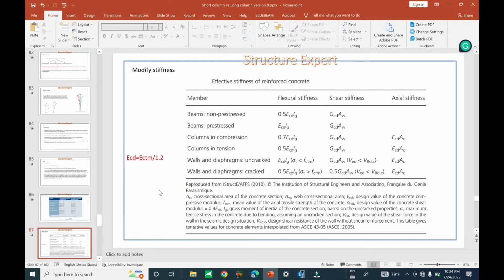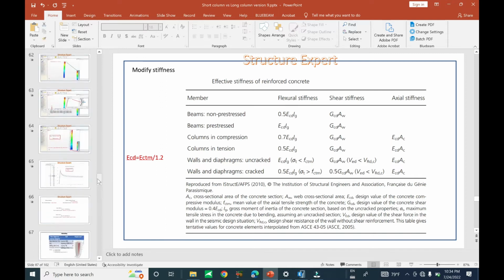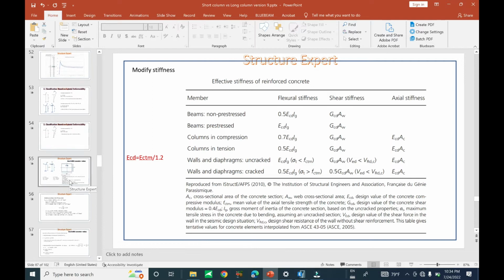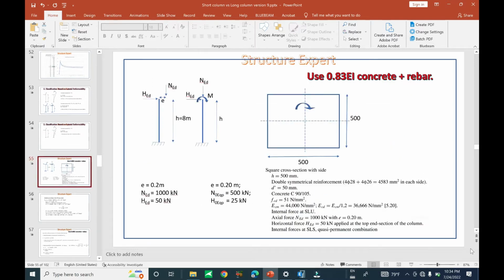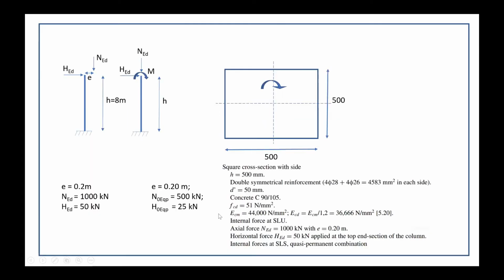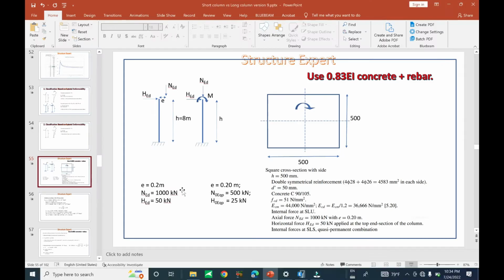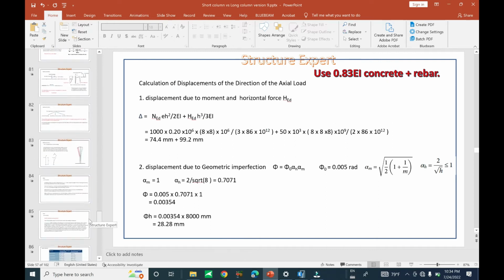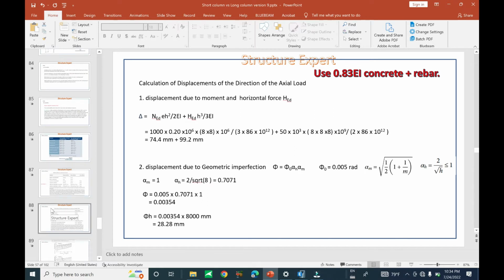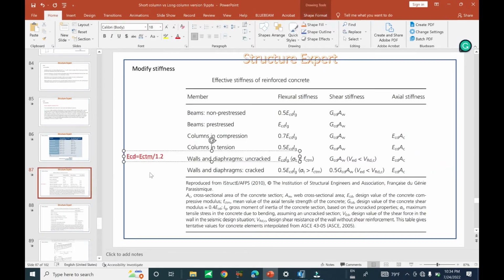Yes, you can check more detail in my tutorial about cantilever column design, in tutorial 3, about how to analyze the P-delta effect in ETABS. We use ECD is equal to ECM divided by 1.2 for the ultimate. Now ECM, let's correct it.